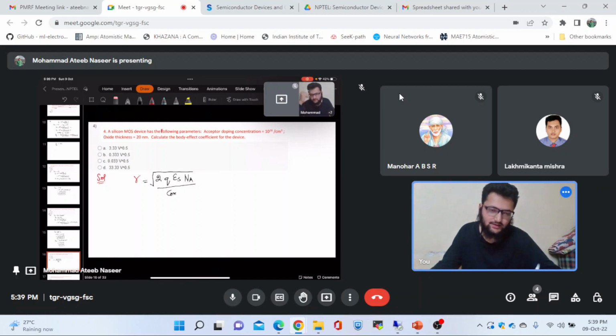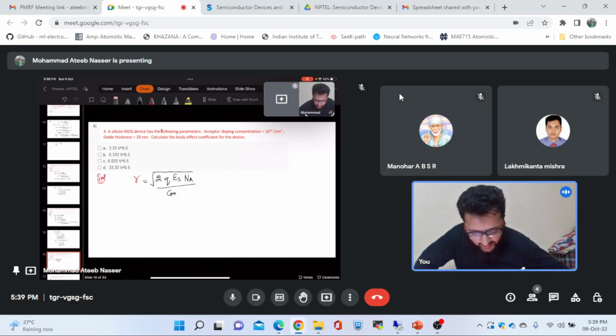If we include this VSB effect, gamma times root of VSB plus some voltage, which is the pinning surface potential, for example 2 phi F, and this is the multiplication factor for something, this quantity has units of root volt.